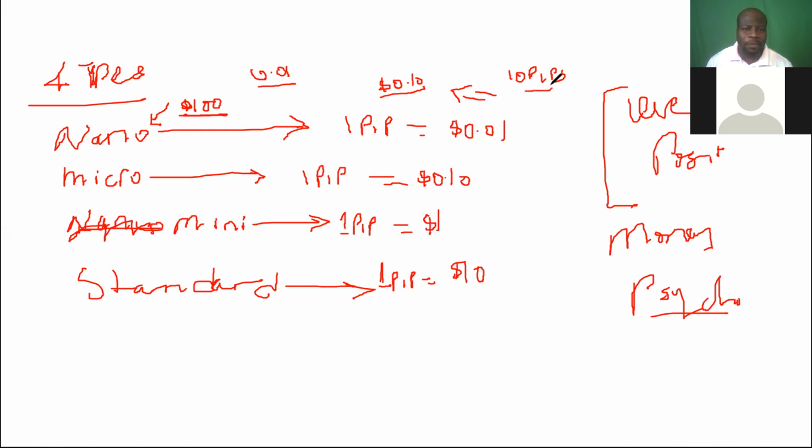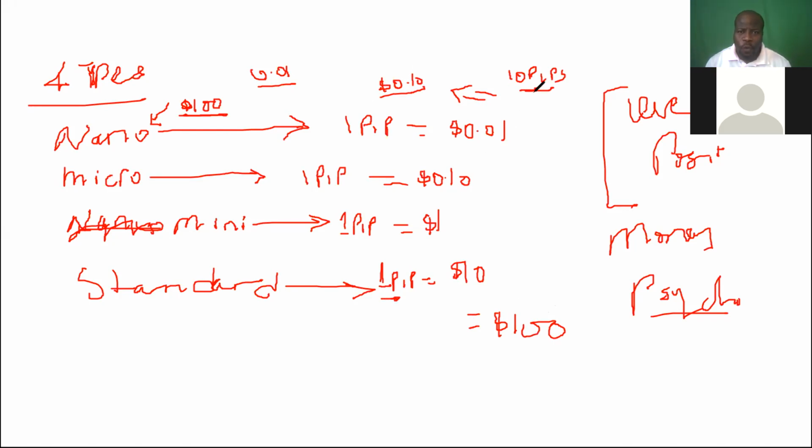You made 10 pips, because if you know how to make this with this type of account size, by the time you grow your account and you are trading one standard lot size, the same 10 pips will give you $100. You see how it works? You don't increase the number of pips, but you increase your account dollar value.